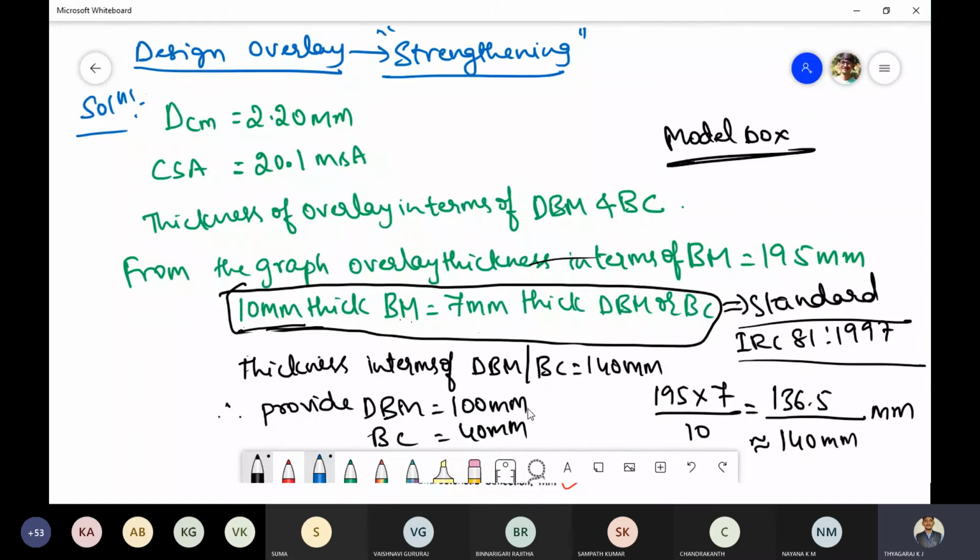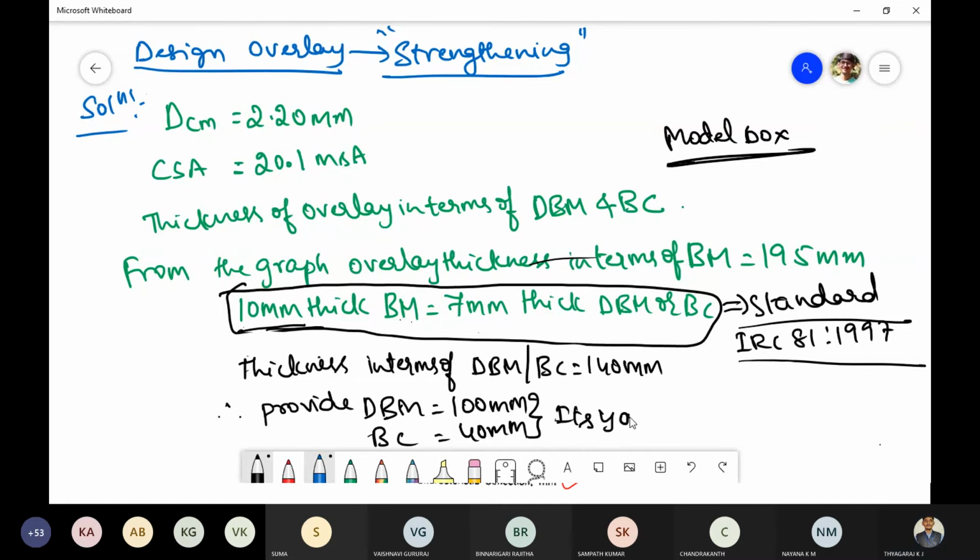It's your wish how much you provide; you can provide 80, 60, likewise. I have provided 100 mm DBM and 40 mm BC. How to bifurcate DBM and BC is your wish.